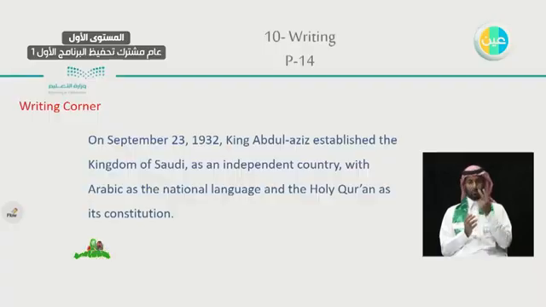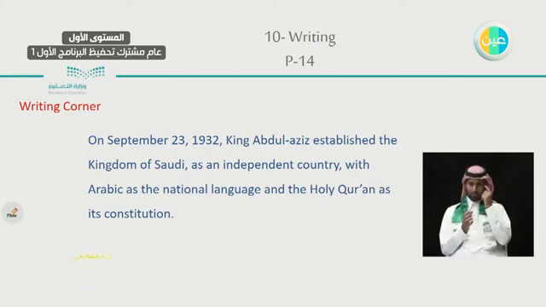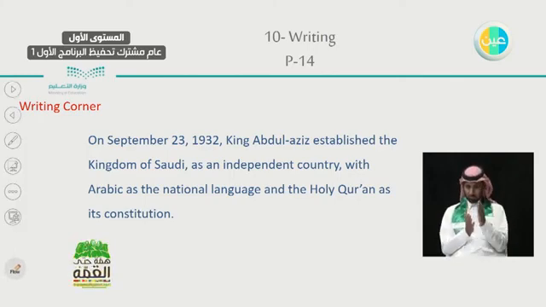Let's check this paragraph or these sentences. On September 23rd, 1932, King Abdulaziz established the Kingdom of Saudi Arabia as an independent country with Arabic as the national language and the Holy Quran as its constitution. So let's check in here.